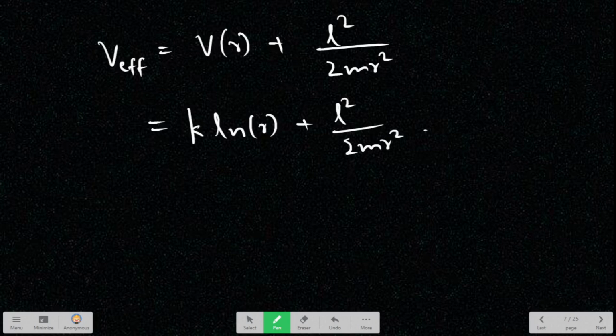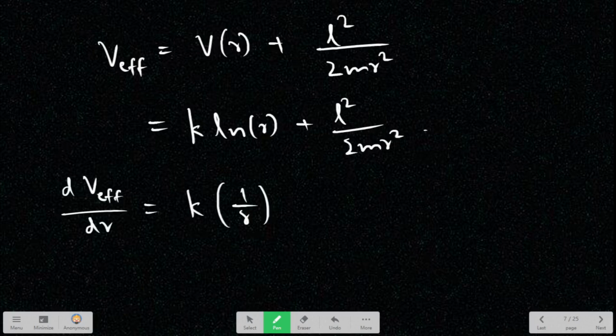Now if you take the derivative, dV effective upon dr is equal to k into 1 by r plus L square upon 2m into minus 2 by r cube.